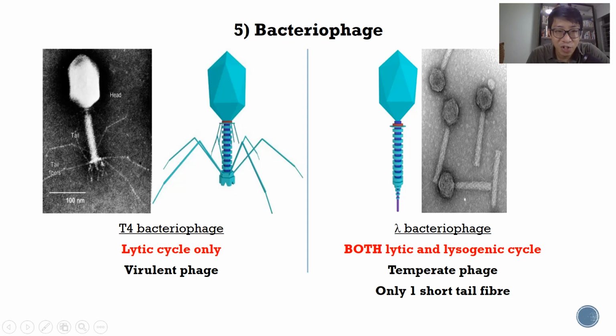And in terms of structure, they are pretty similar. The T4 is slightly larger, right? So even though on this diagram it looks like they are the same size, it's not. The T4 is larger than lambda. And also in terms of the structure, tail fibers, right? A lot of tail fibers for the T4 phage, but usually one short tail fiber for the lambda phage, right? But such small details you don't need to be too concerned with.